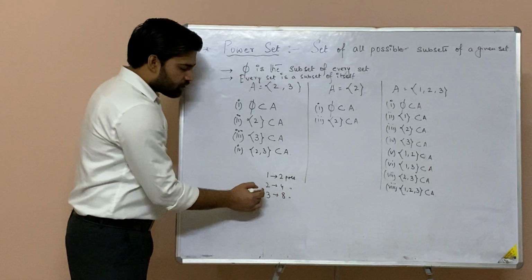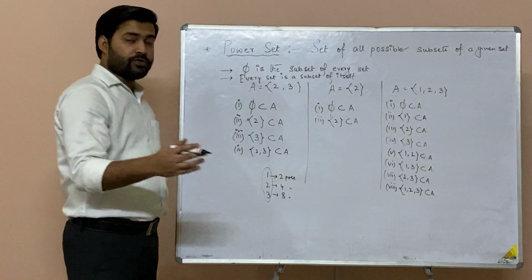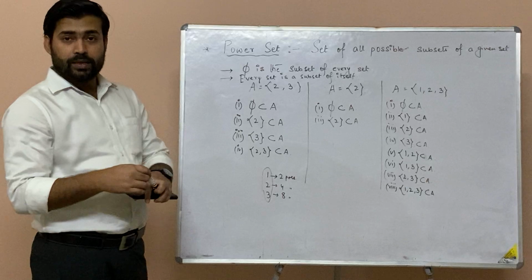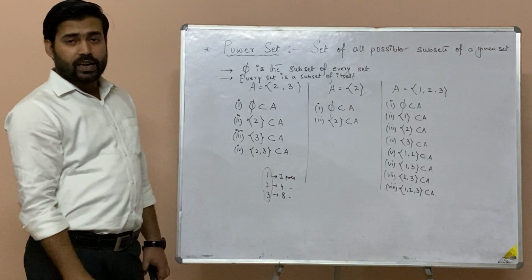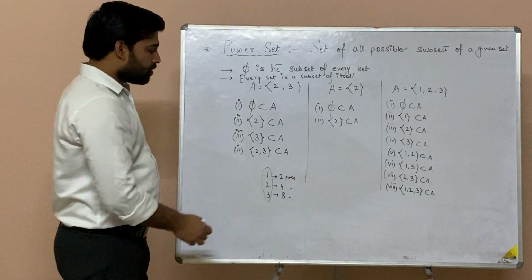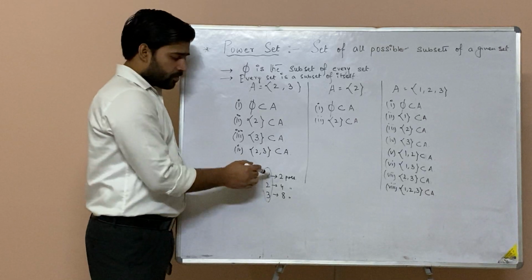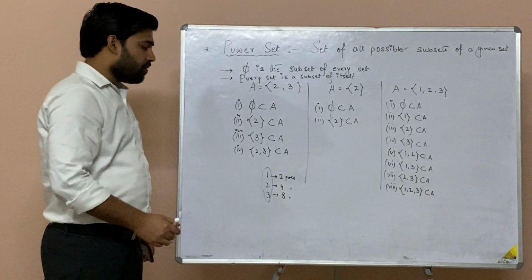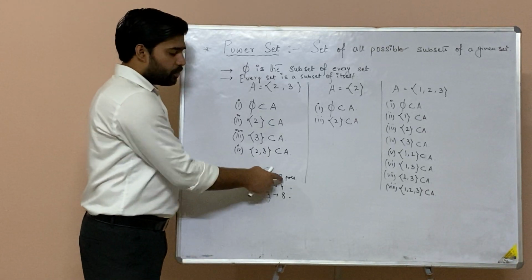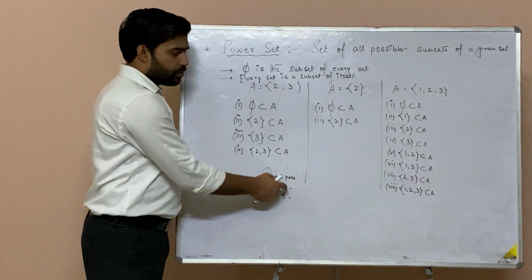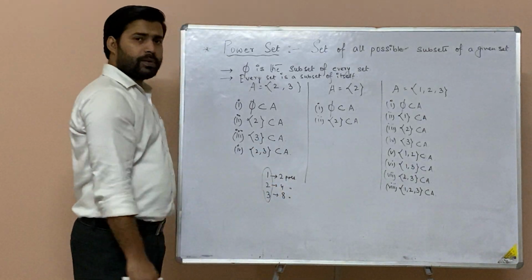Based on the cardinality, if you remember, the number of elements in a given set is said to be the cardinality. So if you are having 1, then you will be having 2. If 2 is there, then you will be having 4. If 3 is there, you will be having 8.